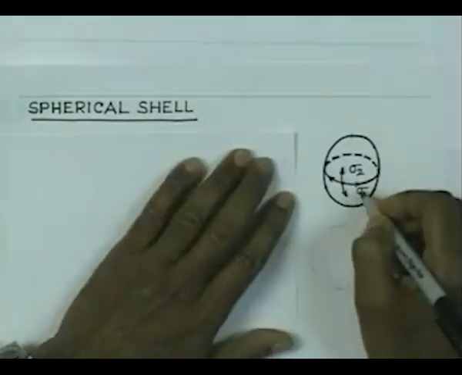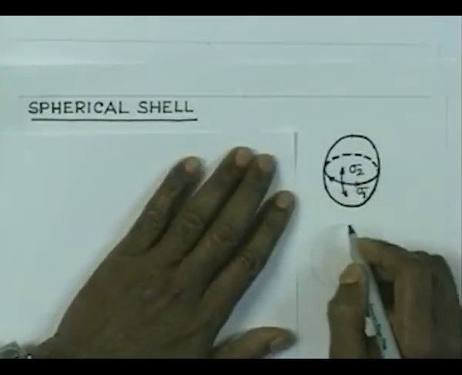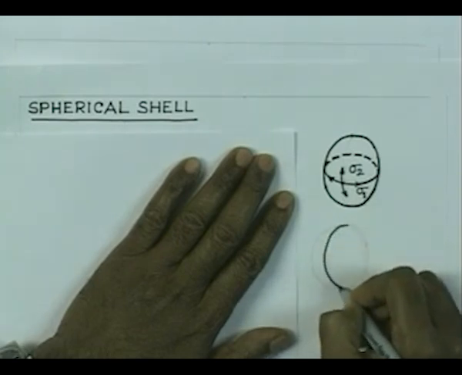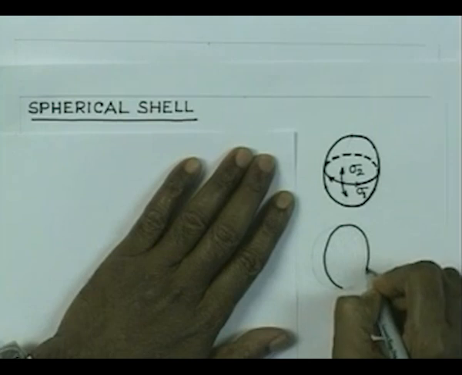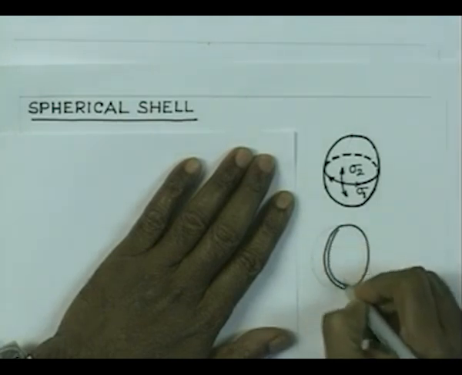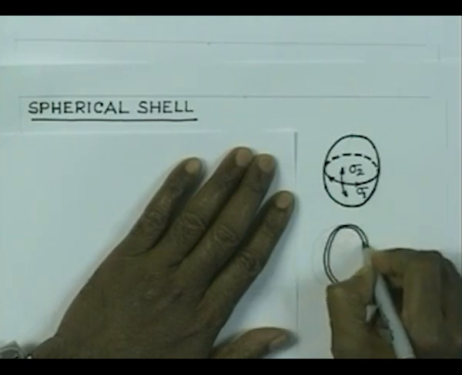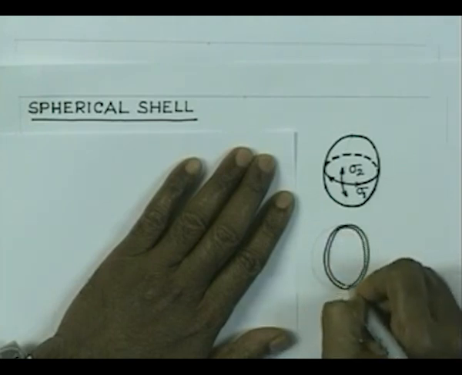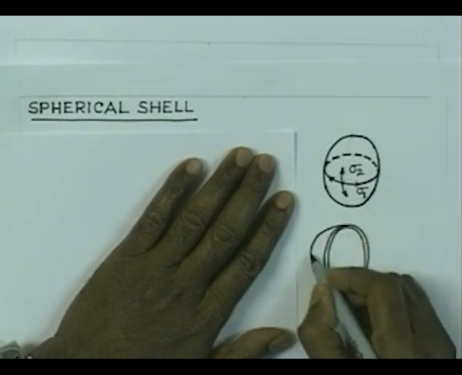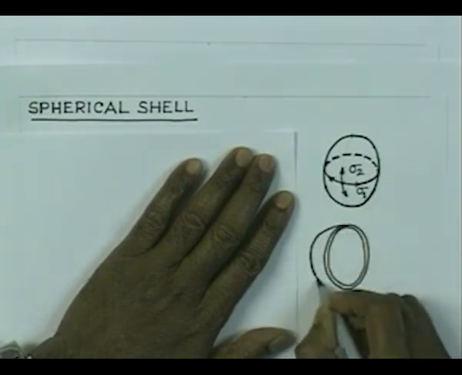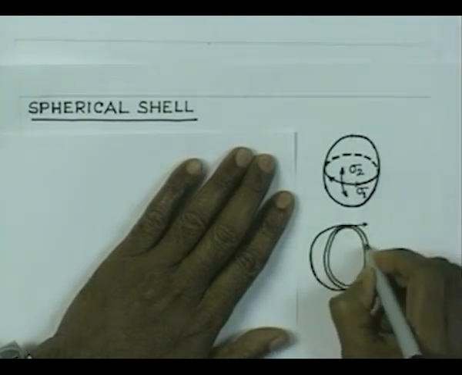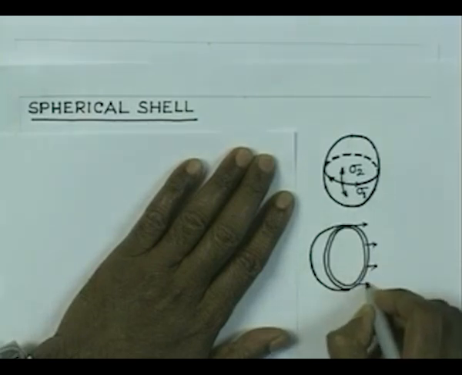To calculate the stress sigma 1, it is quite simple: you take a vertical section, and I draw it to a larger scale. So, this is the vertical section, you have some wall thickness, so the stresses are going to act in this direction.